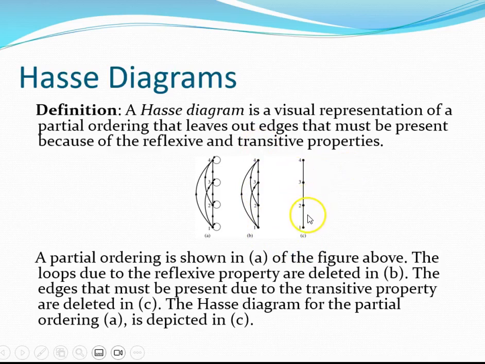For that reason, the arrows may be omitted and we have just edges. So the last diagram is called a Hasse diagram for this poset.